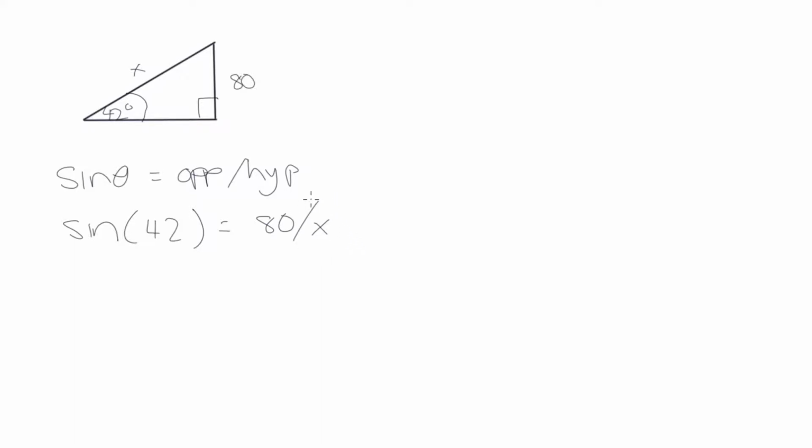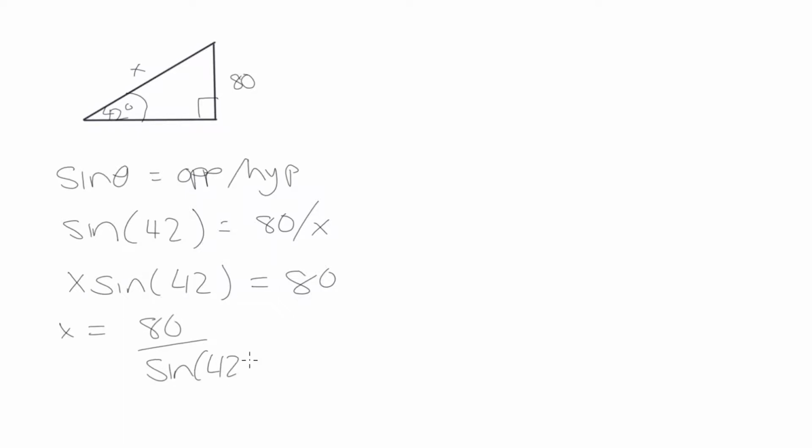So let's say we multiply both sides of this equation by x. We're going to get x sine 42 is equal to 80. And if we want to isolate for x, we can divide both sides by sine 42. So we're going to get x is equal to 80 over sine of 42 degrees.